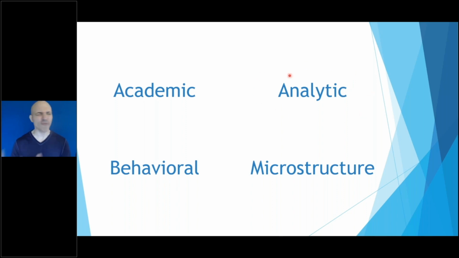Everywhere you go, every fake guru, analytic. They show you charts, they show you fundamentals. They make you think that there's some kind of secret in the charts, or this oscillator has some kind of special advantage, blah, blah, blah. That's all analytic, okay? But you need to be very aware of the academic side, the behavioral side, and the microstructure side.